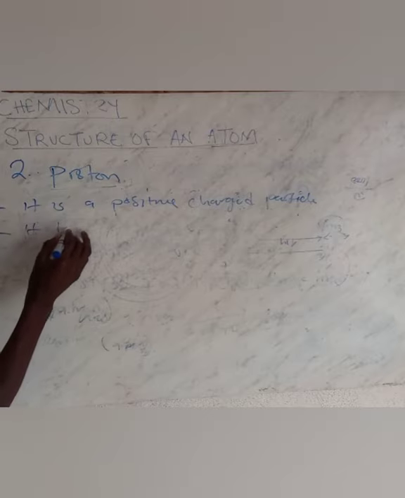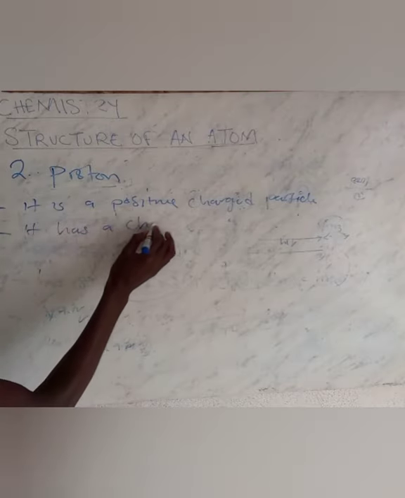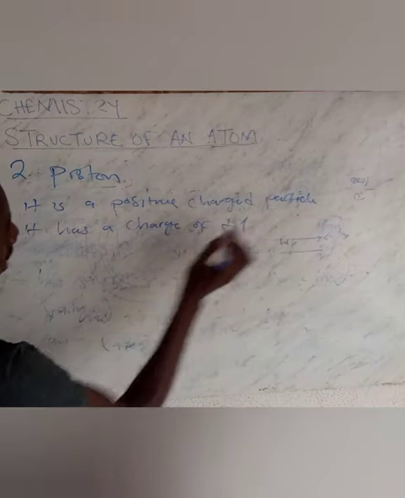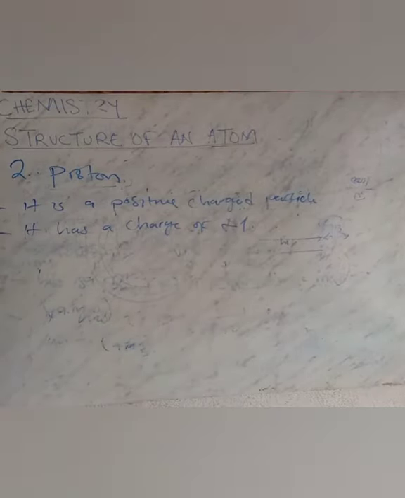Because it is a positively charged particle, it has a charge of +1. For an electron, it was -1 because it is negatively charged. The proton is +1 because it is positively charged.